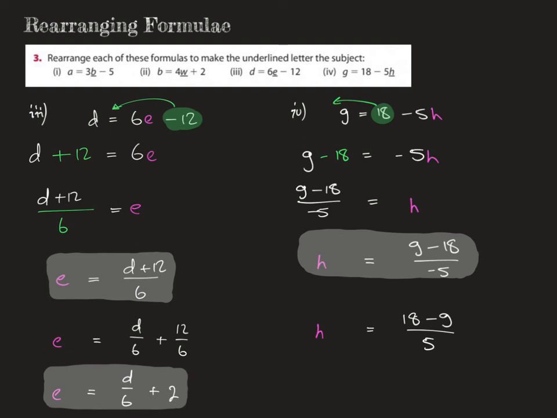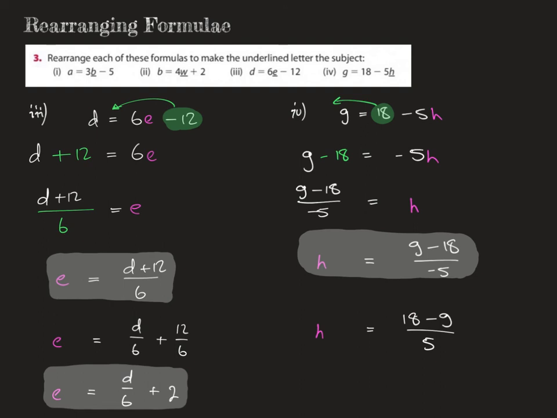Okay, so when you have a fraction, we tend not to like negative fractions. So an equivalent fraction would be if I times the top and the bottom both by -1. So if I times the bottom by -1, I'll get a positive 5. If I times the top by -1, this will turn into a negative G, and this will turn into a positive 18.